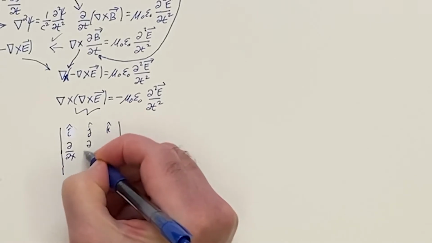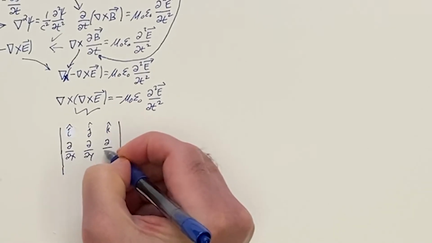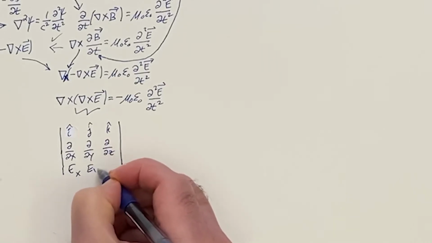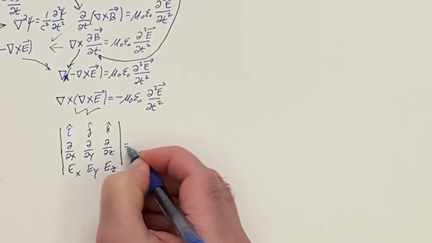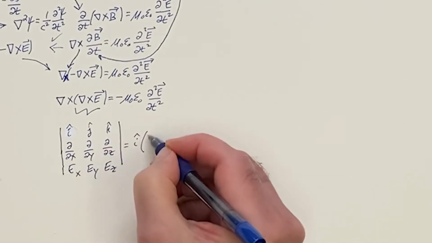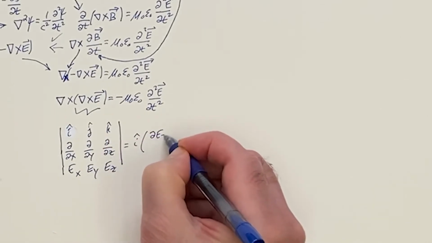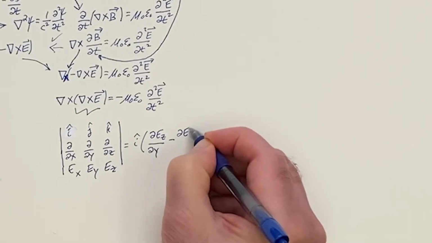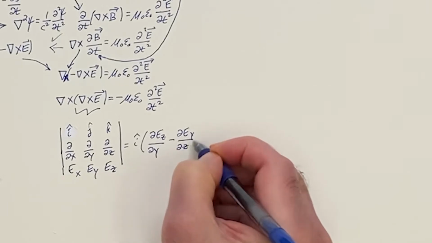I'm setting up my curl with the determinant, and this is then Ex, Ey, and Ez. Then here, the partial of Ez with respect to y, and minus, you flip them, Ey with respect to z, like that.